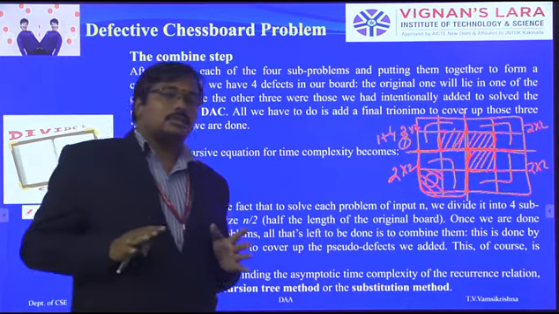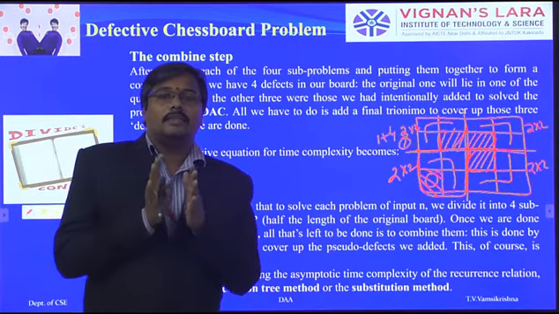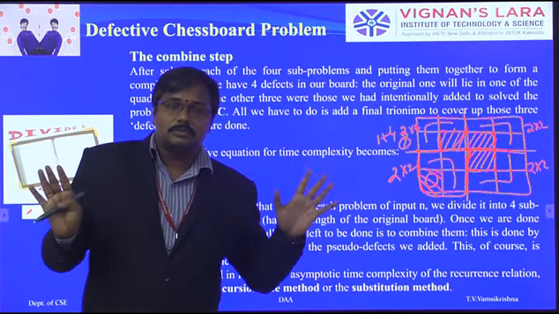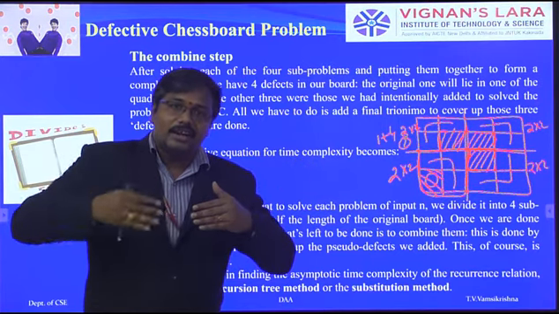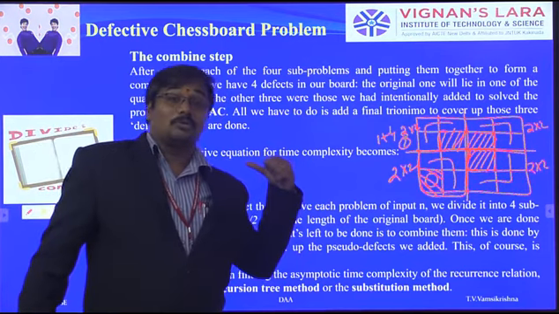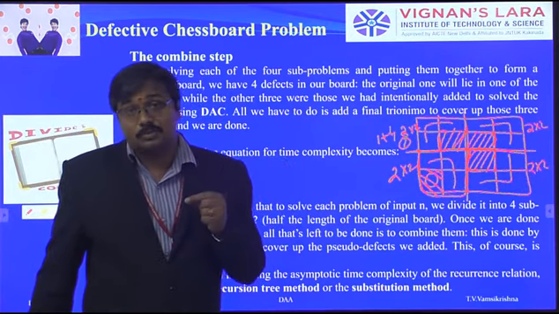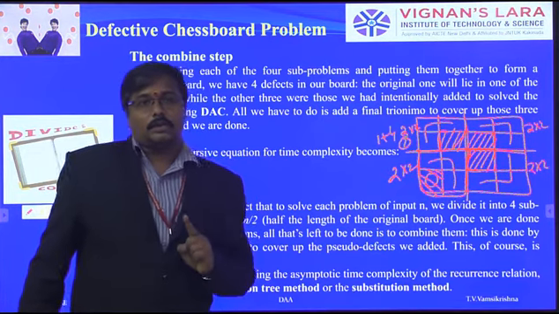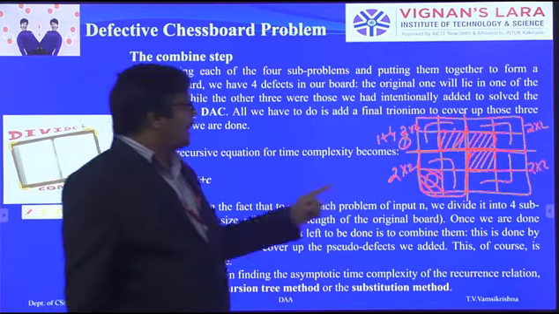So in the recursive step, when we are taking a larger problem instance, we need to divide it into smaller problem instances. In the defective chessboard problem, each and every smaller instance must have one defective tile.